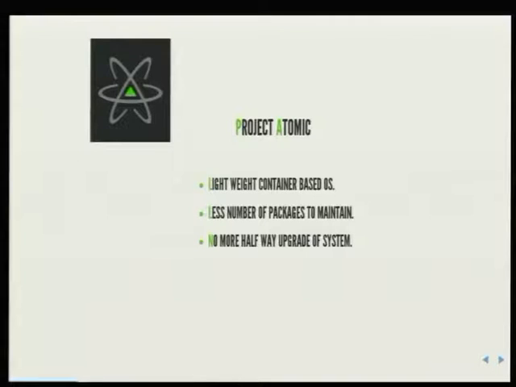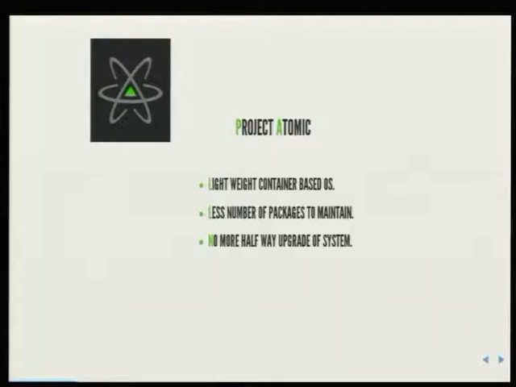Also, it uses RPM OSTree tools, so it never leaves your system halfway upgraded. Either it happens fully or it doesn't happen at all. With a single command, atomic host upgrade, you can upgrade your OS to the next version, and using atomic host rollback, you can roll back to your previous version. So there is nothing halfway.